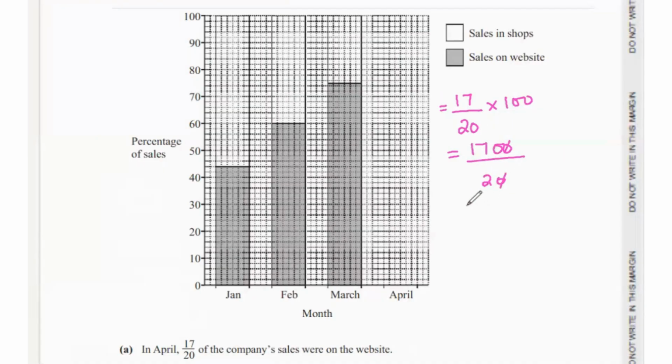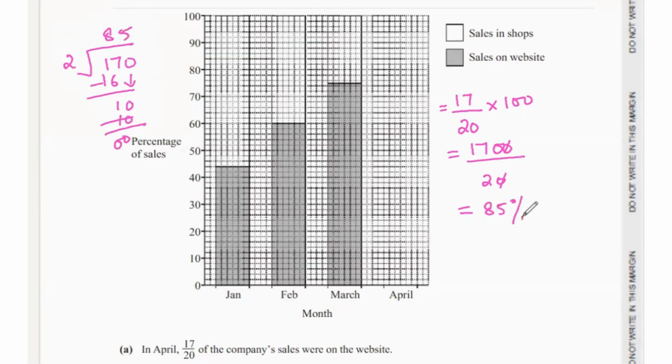Then 170 divided by 2: 2 8s are 16, minus 1, bring the 0 down, 2 5s are 10. So that's 85%.